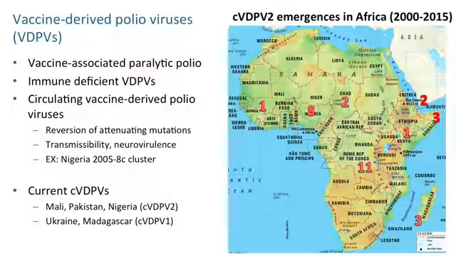And this map shows the number of emergences of circulating vaccine-derived polioviruses of type 2 only that have happened in the last 15 years. And you know there have been quite a few, geographically broad. The biggest centers have been Nigeria and Congo, and some have lasted for 10 years. In Nigeria specifically, there's a cluster which hasn't been seen since last year, but is 10 years old.